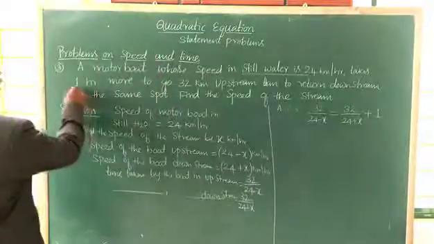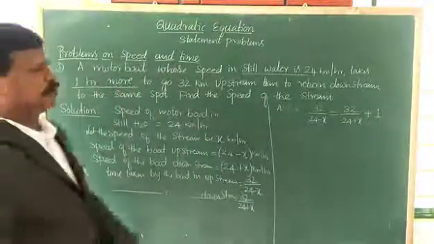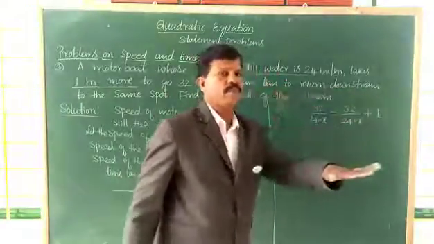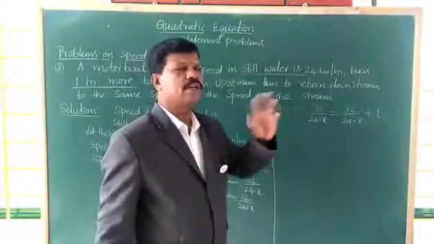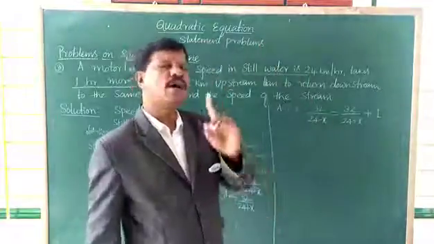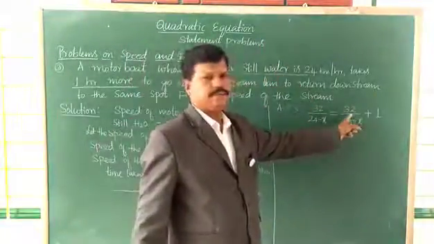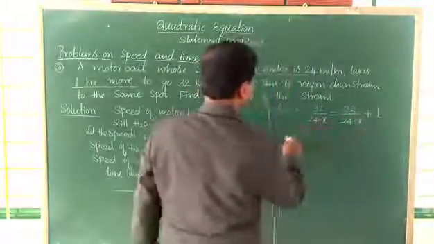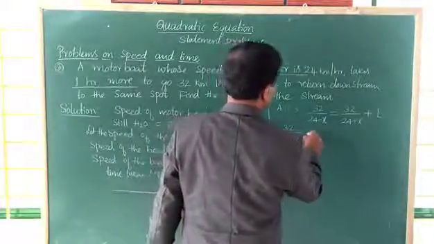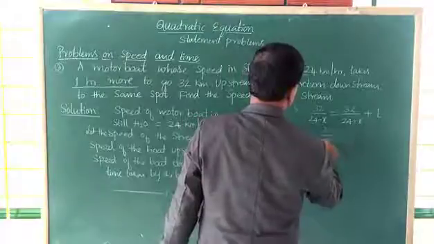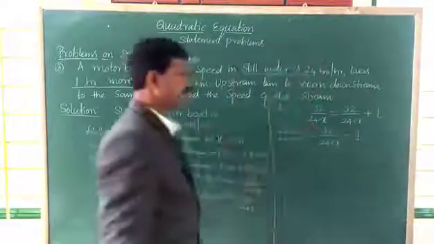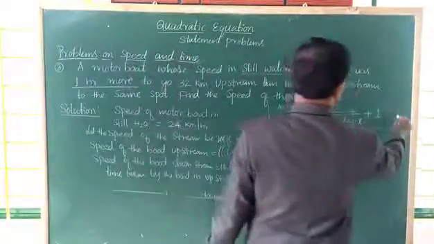See, here is 1 hour more. For example, if the boat takes 5 hours downstream, then going upstream it takes 1 hour more than this. Clear? So shifting, 32 by 24 minus x minus 32 by 24 plus x is equal to 1. This statement is a very important one.